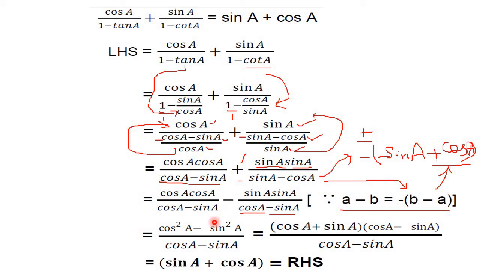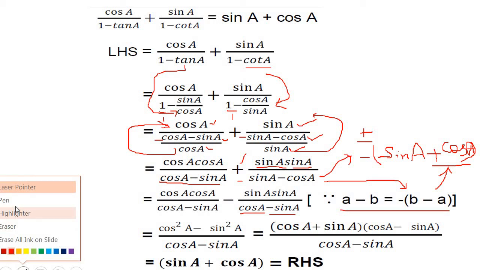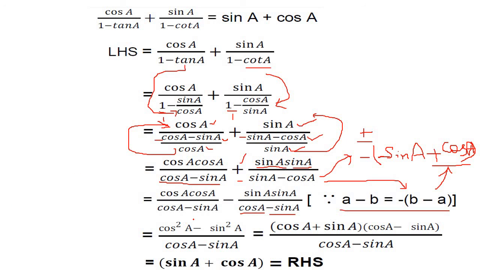Cos into cos is cos square A minus sin into sin is sin square A. Now this is in the form of A square minus B square, which is A plus B into A minus B. So cos A plus sin A into cos A minus sin A divided by cos A minus sin A. Here cos square is A and sin is B. Therefore A square minus B square is equal to A plus B into A minus B, and we can cancel cos A minus sin A with cos A minus sin A. So we will get sin A plus cos A. So this is the RHS, what we have to prove.